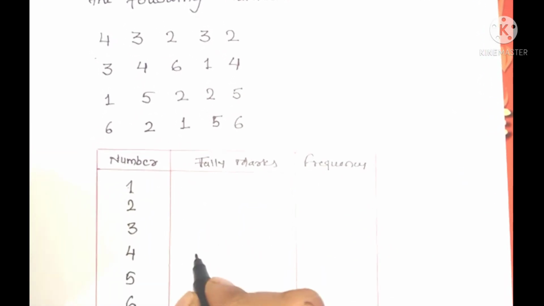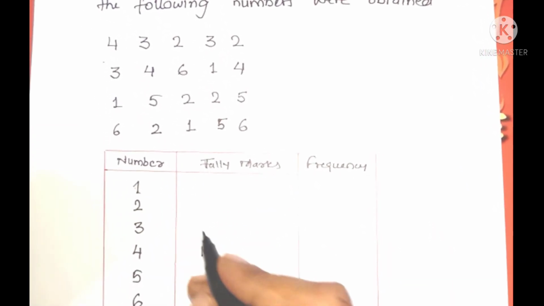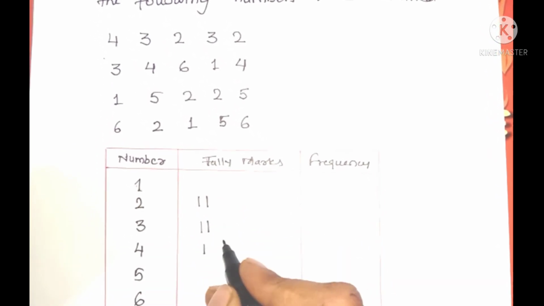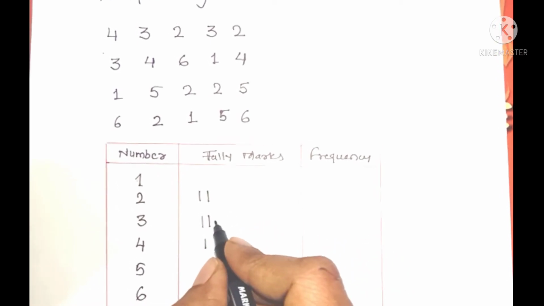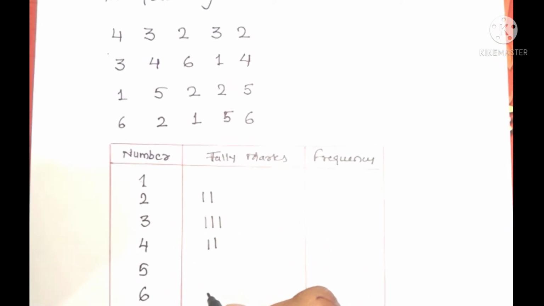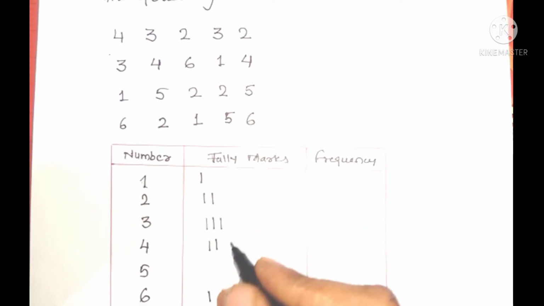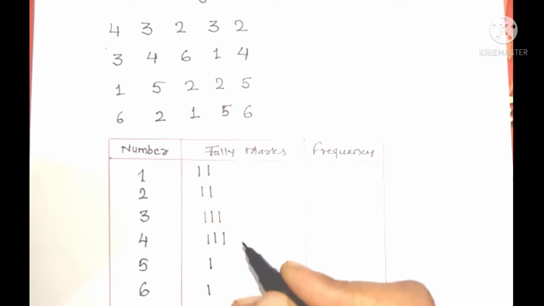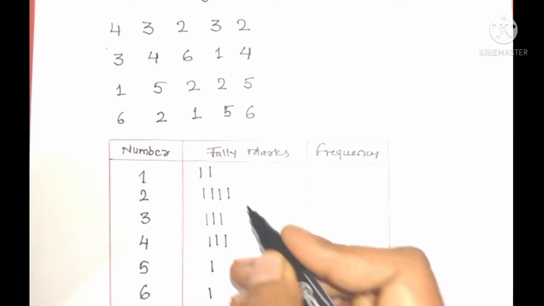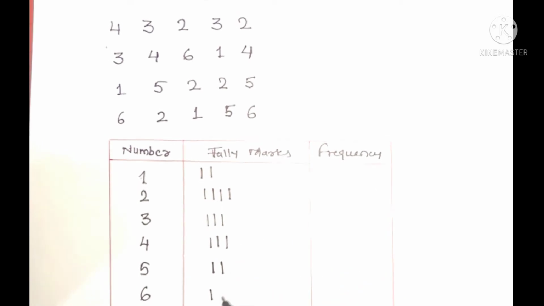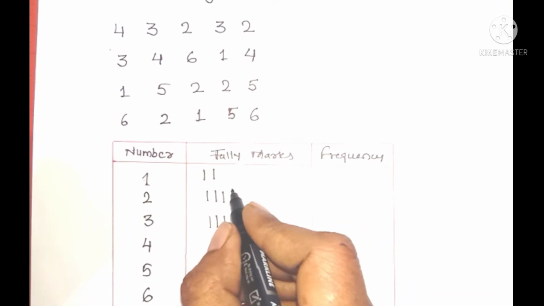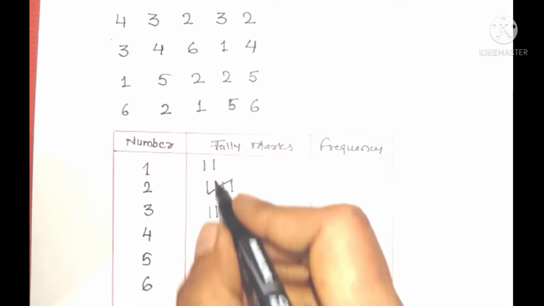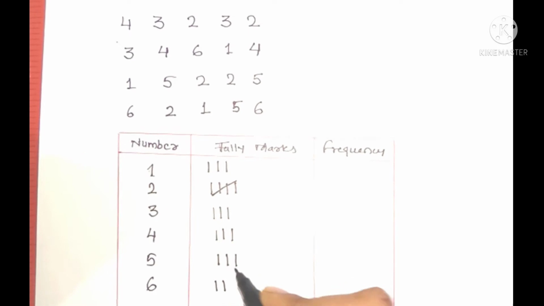First is 4, 1 vertical line, 3, 2, 3, 2, 3, 4, 6, 1, 4, 1, 5, 2, 2, 5, 6, 2, 1 diagonal line, 1, 5, 6.